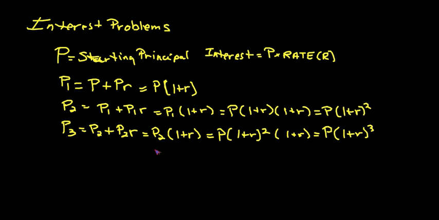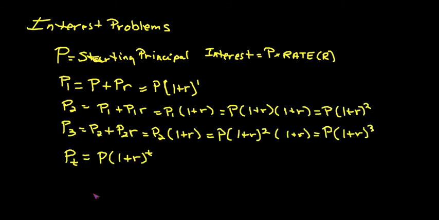So there's a little bit of a shortcut here that we can simplify in terms of T for years. Here we had first power, or first year, first power. Second year, second power. Third year, third power. So we can just follow our pattern, and we can take our principal and then do 1 plus our rate and raise that to time.